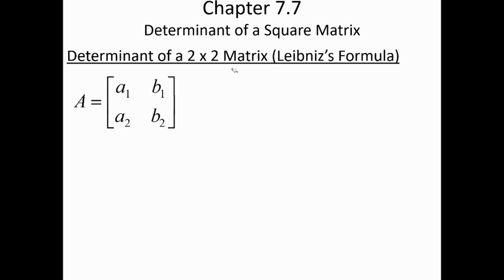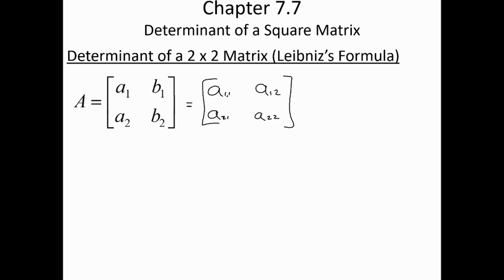Okay, and this is just my notation, but sometimes you'll see it like this: A11, A12, A21, and A22, right? Or X, or whatever. But the 11 is not eleven, it's row 1, column 1.